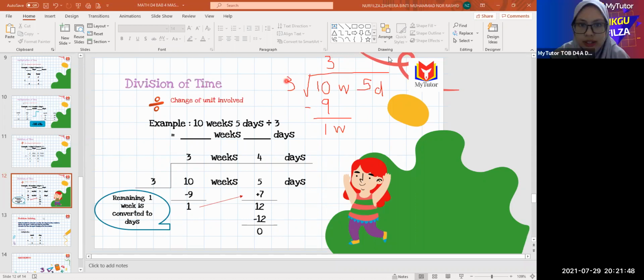Three weeks and 4 days, 3 weeks and 5 days, 3 weeks and 4 days.